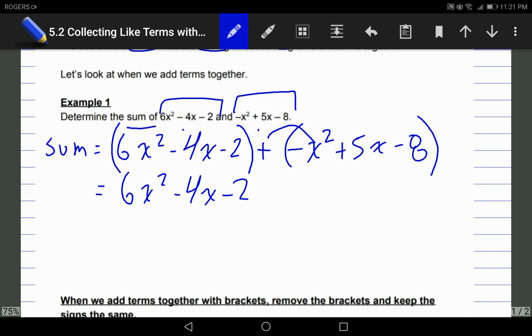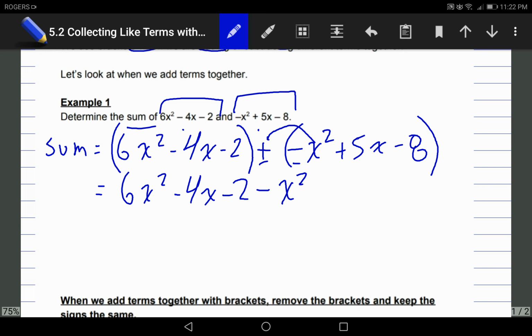When you have a plus sign and a negative sign side by side, which one ends up kind of winning that battle, I guess you can say? A plus and a negative side by side, it is the negative or the minus sign. So that plus and negative just became minus x squared.